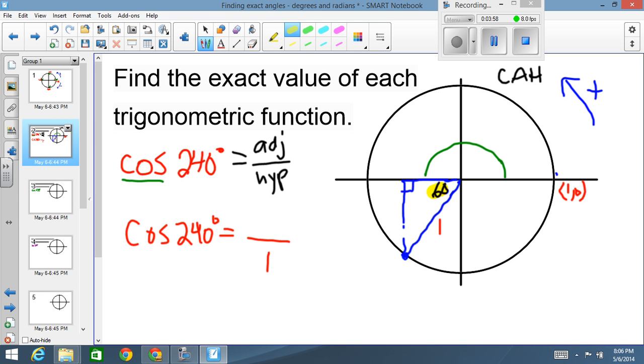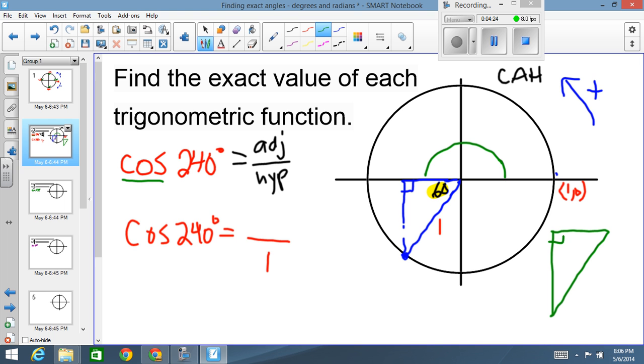Well, there's a couple ways I can do this. One way is to use SOHCAHTOA. But the problem with that is, if you jump into your calculator, you're not going to get an exact value. In some cases you'll get an exact value, but in some cases it's going to be a decimal that you're forced to round. So instead, let's use our 30, 60, 90 template.